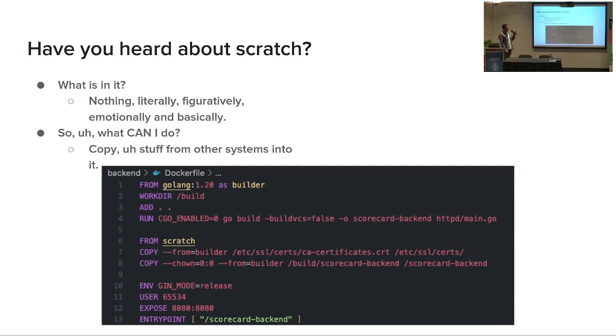And then in my Scratch image, I've got 2 steps which copy from the builder image. It copies over the certificates that it might need if you're doing SSL termination, and it also copies from the builder the binary that was built. So what you end up with is a Scratch image which only has your application binary in it, which means that your attack surface is drastically dropped.